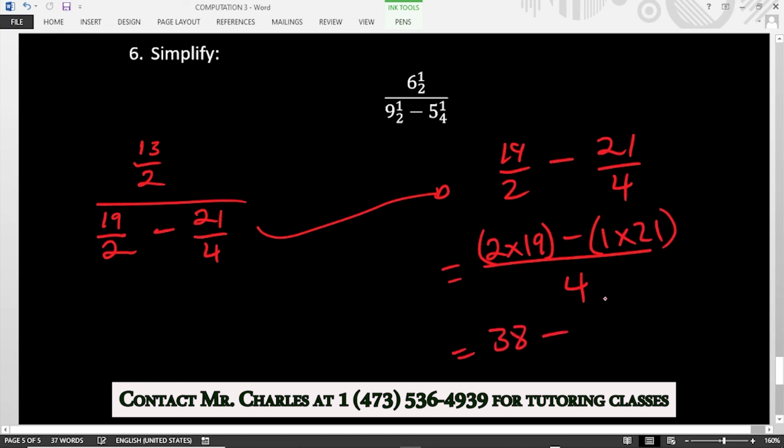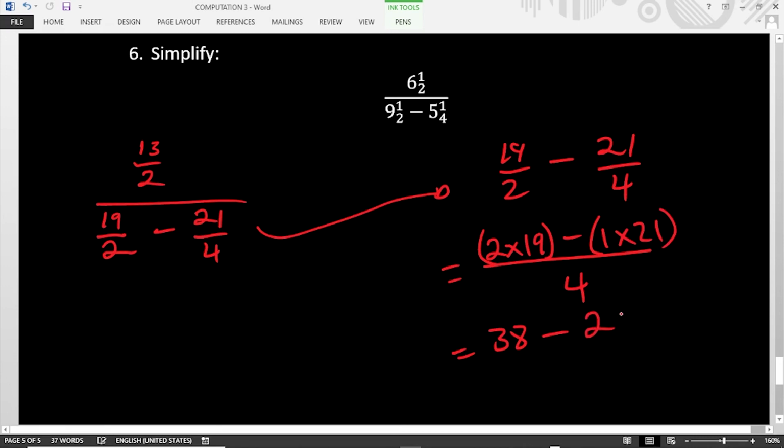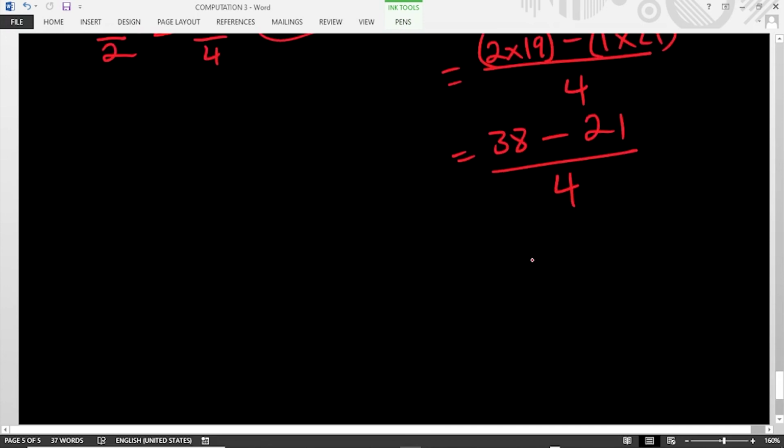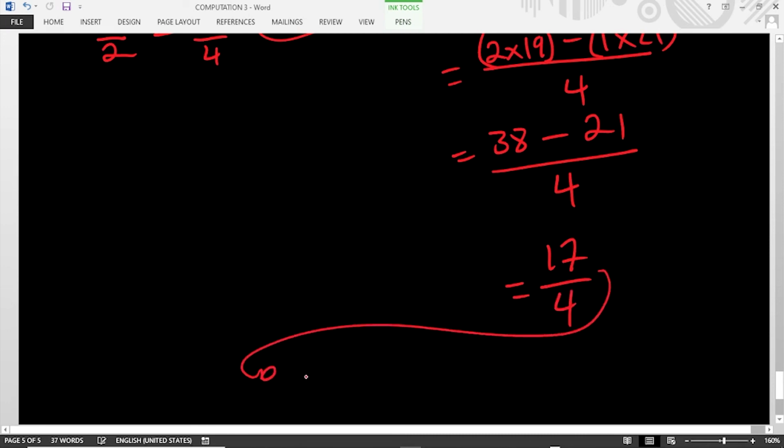So 38 subtract 1 times 21 is 21 over 4. Alright, and 38 subtract 21 is 17. Okay, 17 over 4, and that 17 over 4 can be converted to a mixed number. So 4 into 17 is 4, remainder 1 over 4, so 4.25.